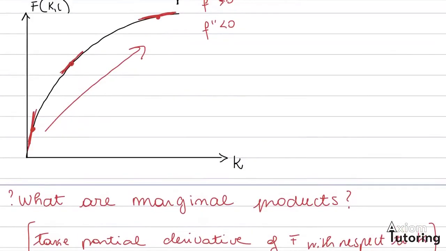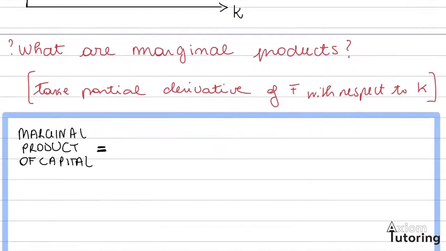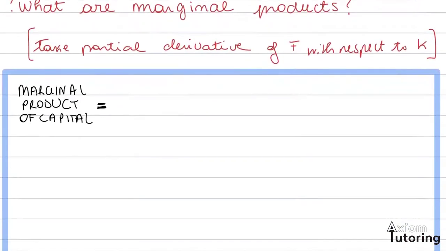Well, in order to identify the marginal products, we need to take the first derivative of the production function with respect to capital, for example, or with respect to labor, depending on what marginal product we want to identify. When in general we talk about marginal product, we refer to the additional output that we can gain following a marginal increase in our input.